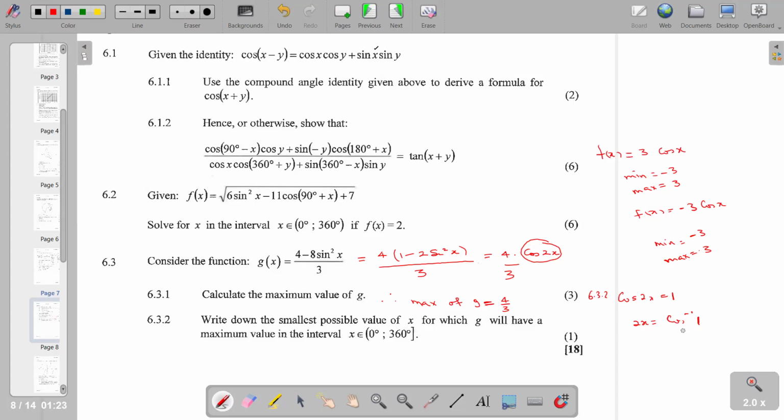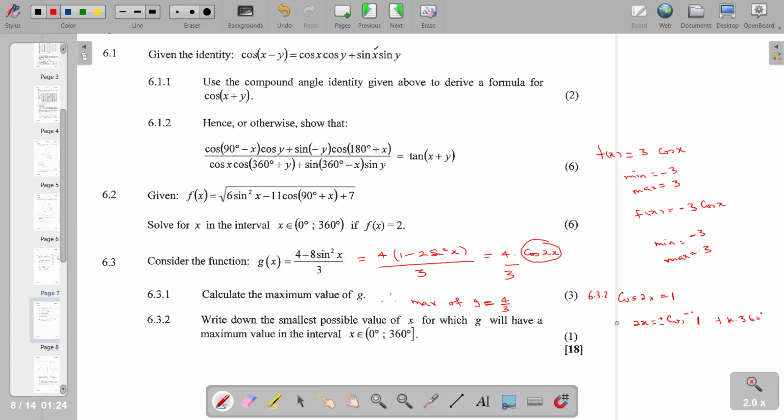It's going to be cos inverse 1, which you write as a general solution, plus or minus that plus k 360 degrees.